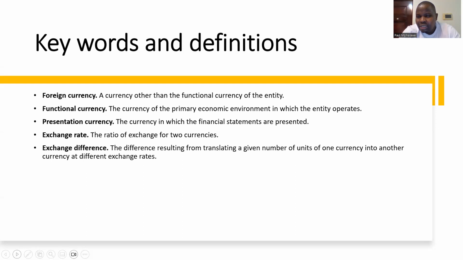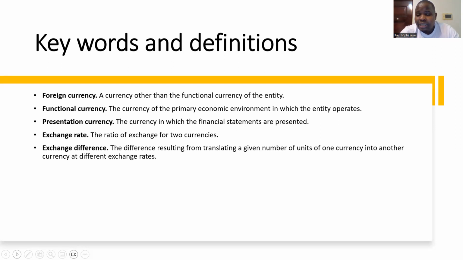An exchange difference may arise where the rate used at the date of transaction is higher or lower than the rate at which the transaction is being settled. An example: a Malawian company purchasing materials in China using US dollars.